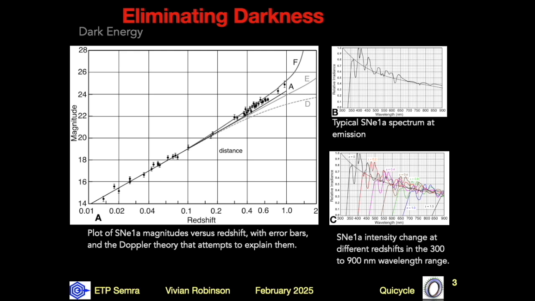At redshift 1, the blue curve, its intensity has halved and only a small amount of the spectrum is measured in that magnitude range below 900 nanometers. Beyond redshift 1.5, there is almost nothing left to measure. Its magnitude goes very high very quickly.